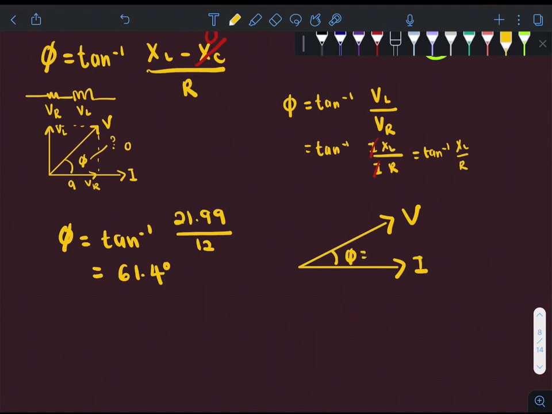Therefore, the phi here is 61.4 degree. So we have already calculated the phase angle and labeled our phasor diagram, and the relationship between V and I can be seen clearly in the phasor diagram, where V leads I by 61.4 degree.